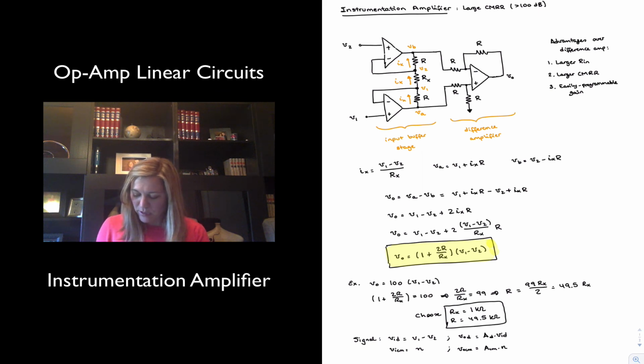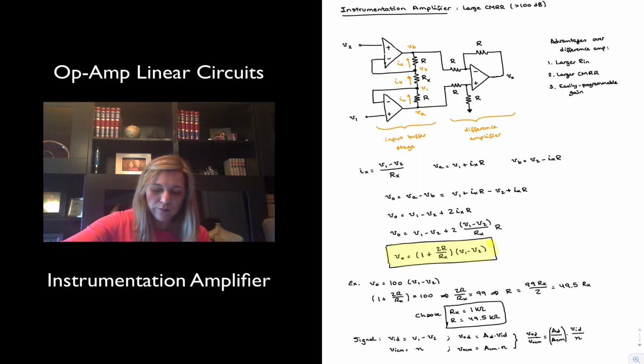And I can divide this first equation by the second equation, VOD over VOCM, will be equal to AD over ACM times VID divided by the common mode noise. And so notice that this expression here will be equal to the CMRR, which is the ratio of AD to ACM.